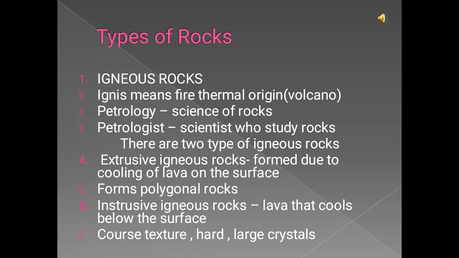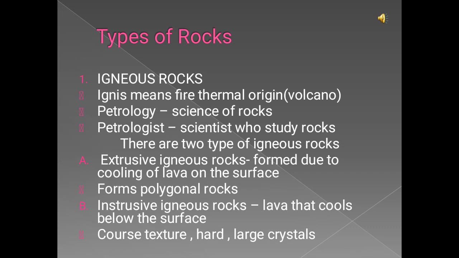Thus, the rocks formed have a coarse texture, are hard, and have large crystals, just like the granites that we have found. In our Ladakpur city, we find granite mines. And how do we get the granite? After digging the earth. That means they have cooled down under the earth. Okay, this is the biggest example that we have in our Ladakpur.